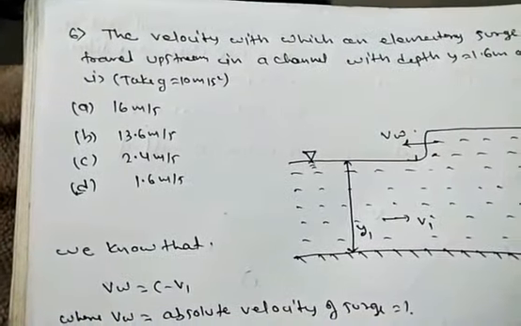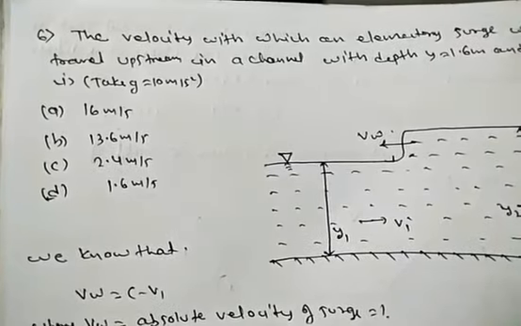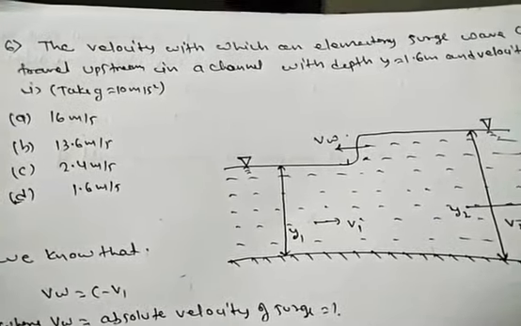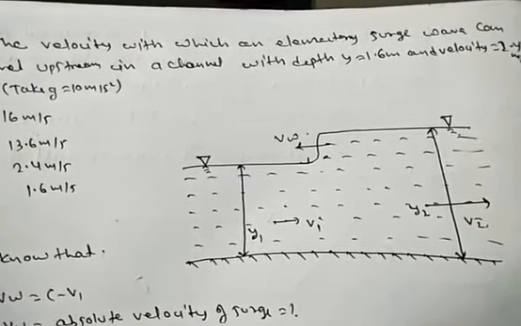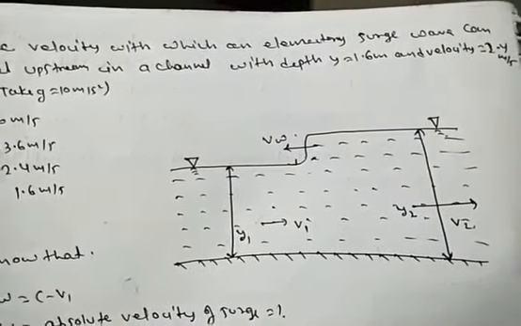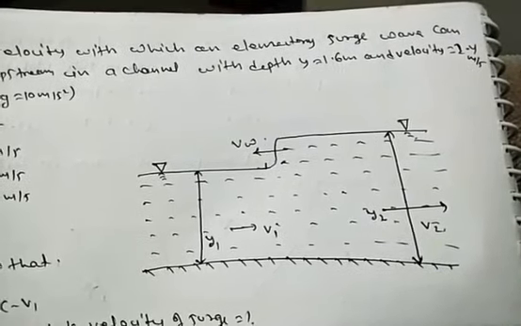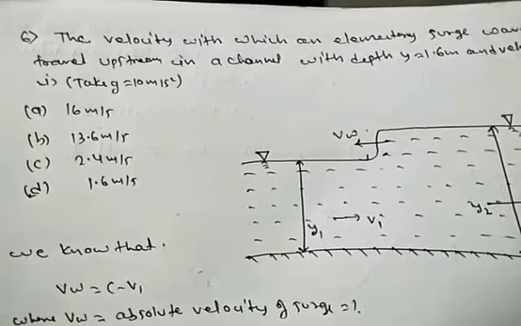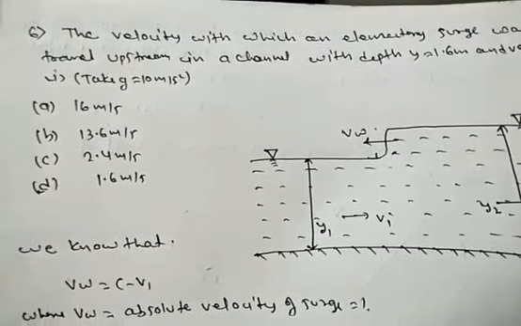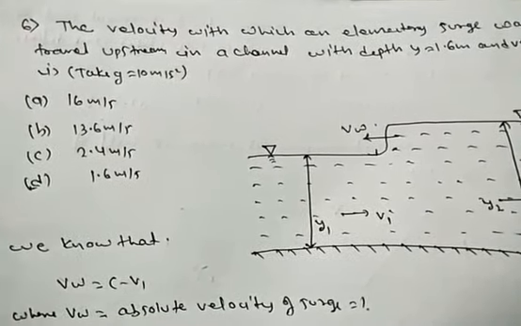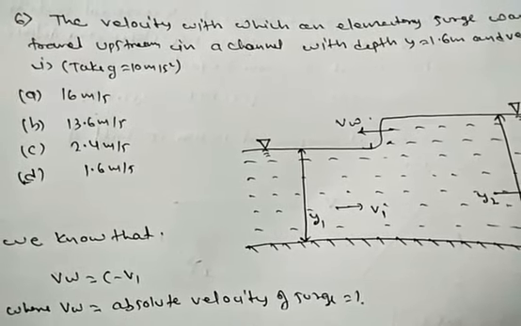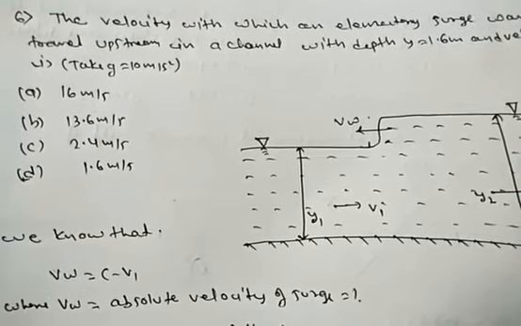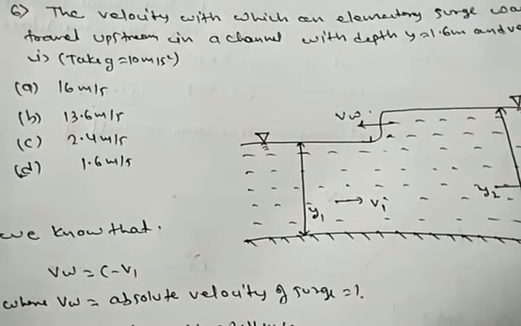The velocity with which an elementary surge wave can travel upstream in a channel with depth y equal to 1.6 meter and velocity 2.4 meter per second, g equal to 10 meter per second square. Option A 16 meter, B 30.6 meter per second, C 2.4 meter per second, and D 1.6 meter per second.